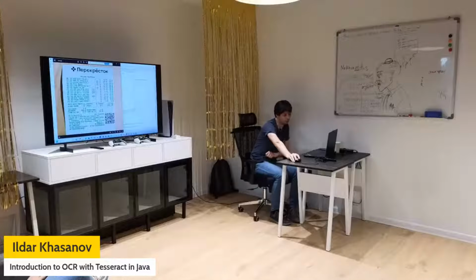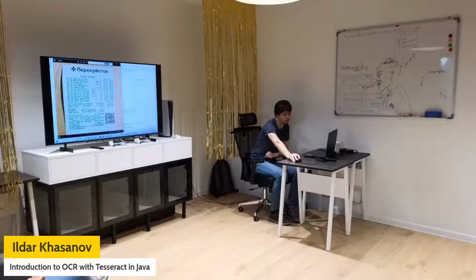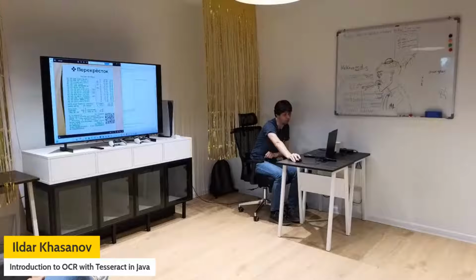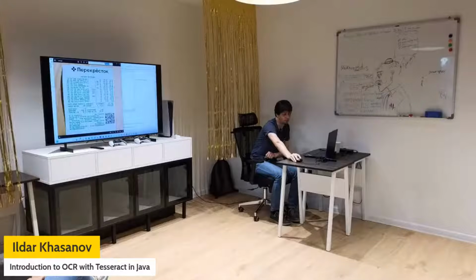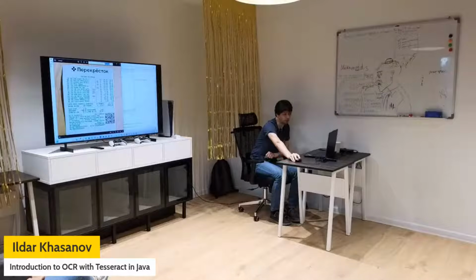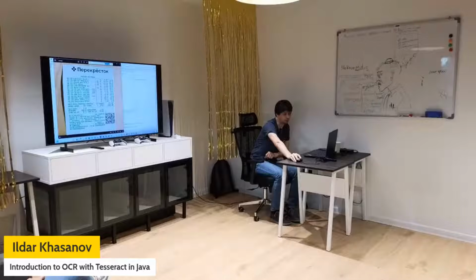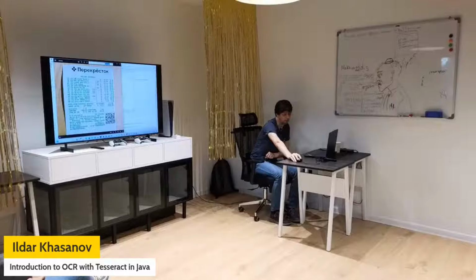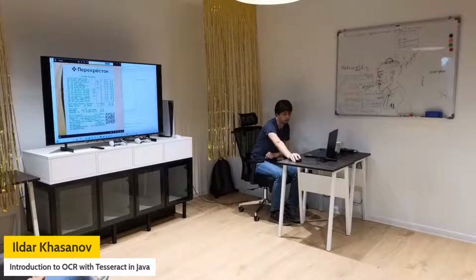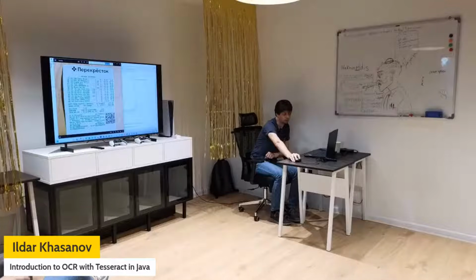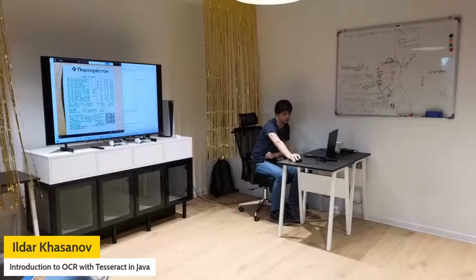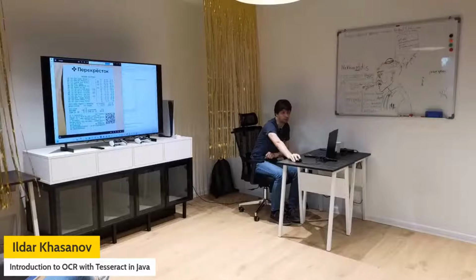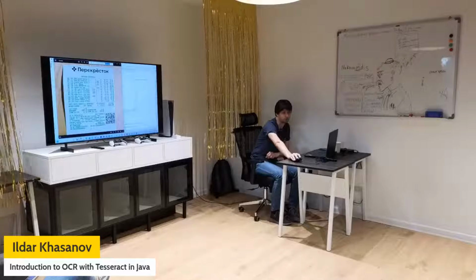Well, if you have a problem with that, you can again use OpenCV to find contours, and using these contours you will get all your black areas here. They will all be added as contours, and then you can feed each contour to Tesseract to recognize it.